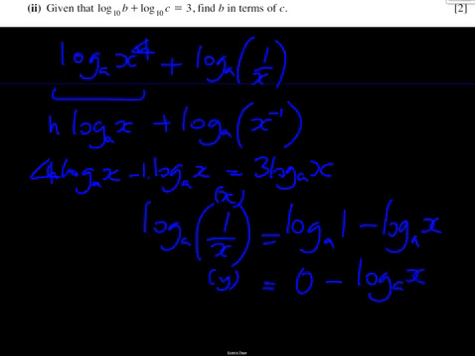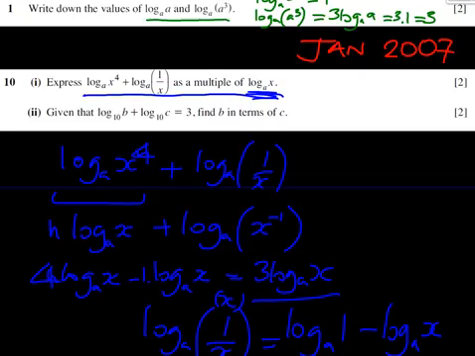But in effect, what we're doing here is converting them all by taking the powers out of the brackets and pulling them together. And then we are just collecting up our terms, and we end up with a form like that. Okay, let's have a look at the other type of question we've got here.